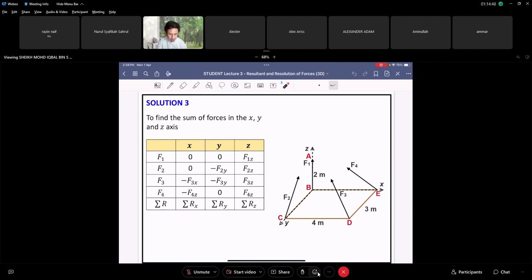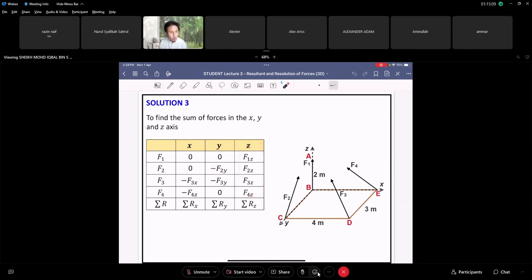So just put everything here in the table and then finally calculate the resultant force. Add all this up to calculate the resultant force in the x direction. Add this one up to get the resultant force in the y direction. Add this one up to get the resultant force in the z direction.